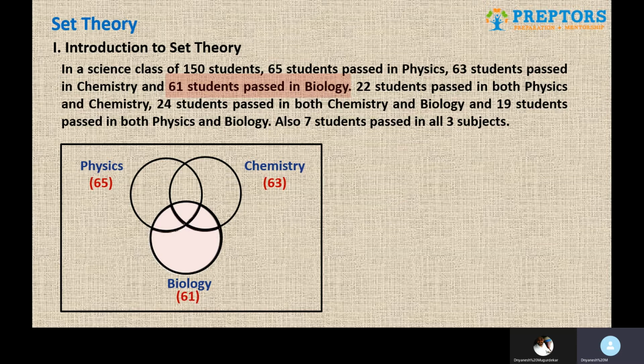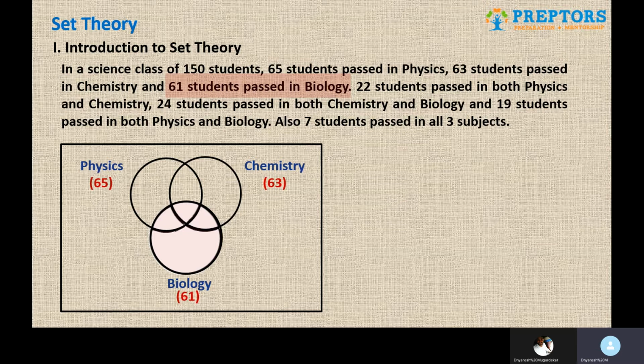After that also it becomes very interesting. They are saying 22 students passed in both physics and chemistry. Now again, mind you, they are not saying 22 students passed in physics and chemistry only, or 22 students passed in both physics and chemistry but not biology. If these two interpretations had been there, then we would have marked something in the middle.